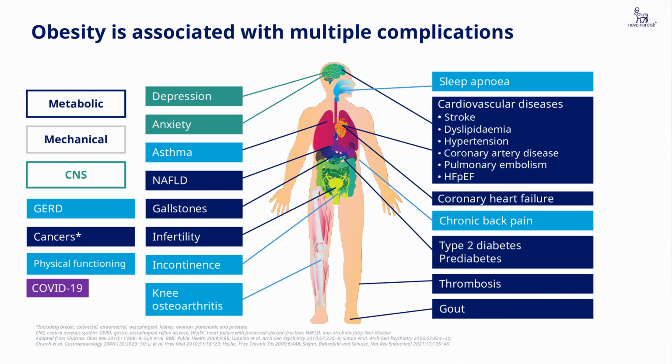The second is mechanical complications of obesity, including sleep apnea, chronic back pain, knee pain in terms of osteoarthritis, physical dysfunction, gastrointestinal problems and asthma, and finally the effect of obesity on the brain, that is anxiety and depression. These are all complications of obesity.